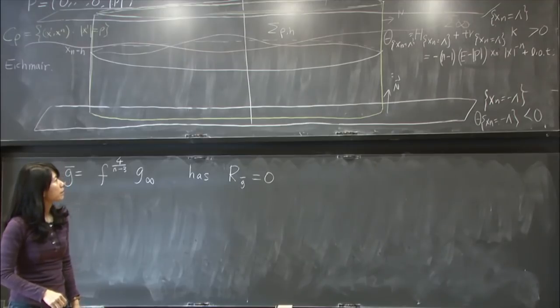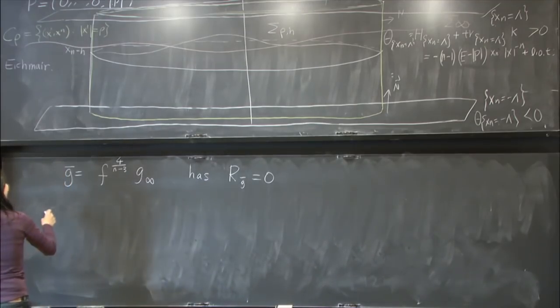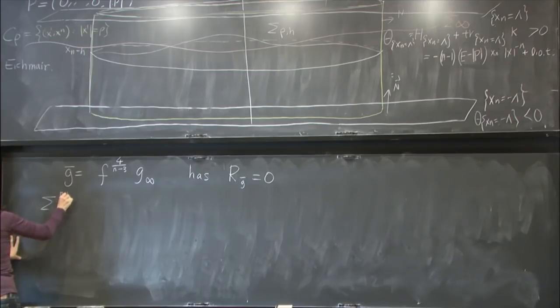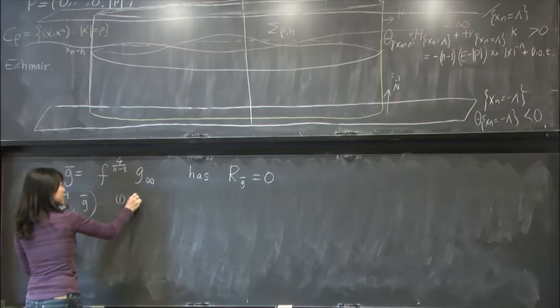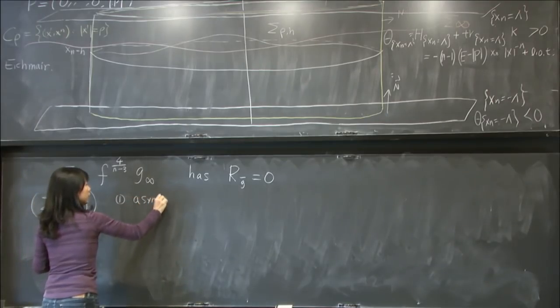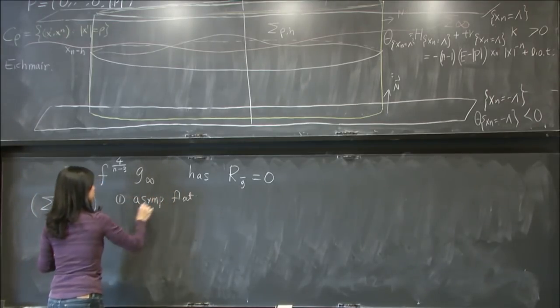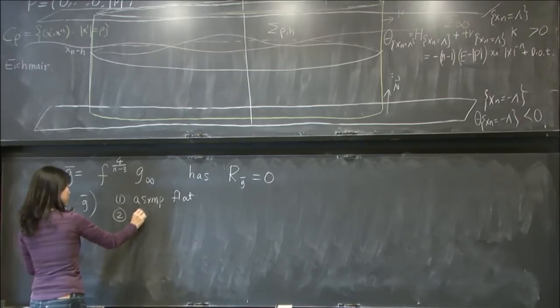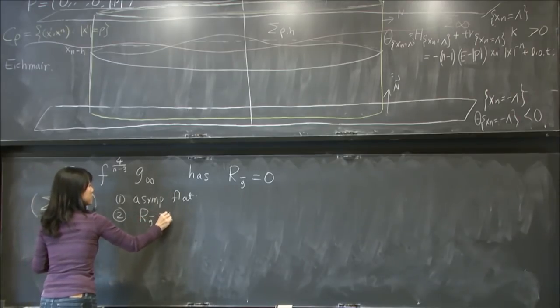So then what we have is again asymptotically flat. Then now it's very nice, we have 0 scalar curvature.